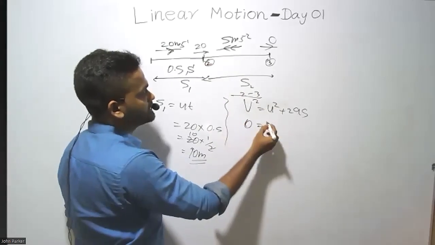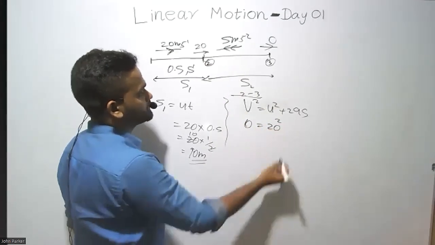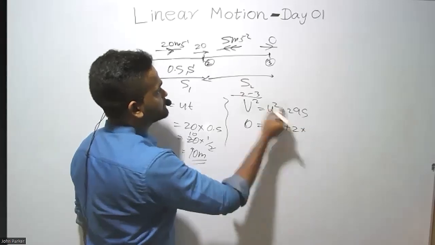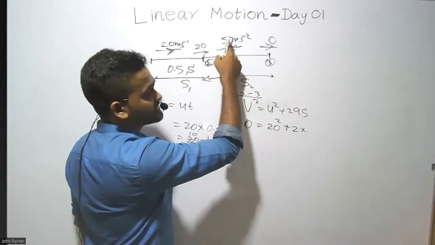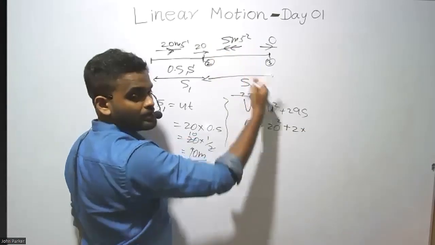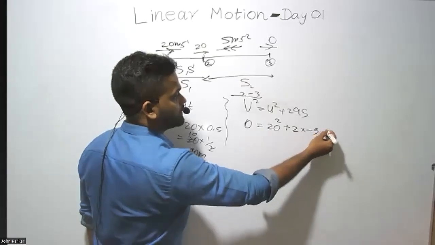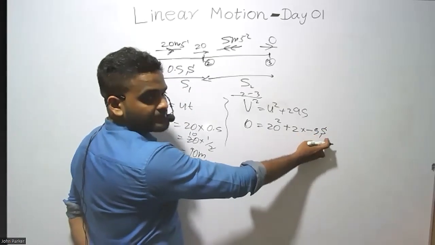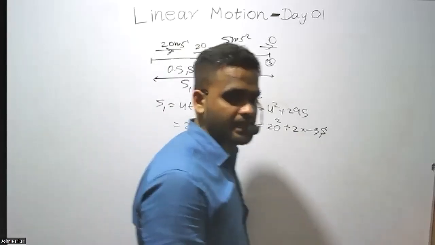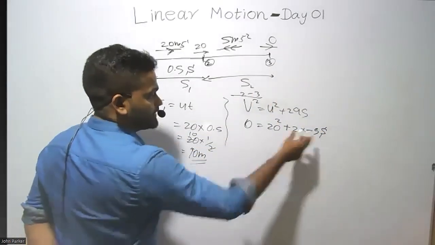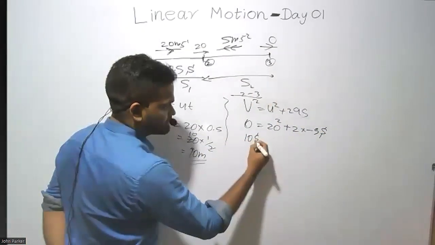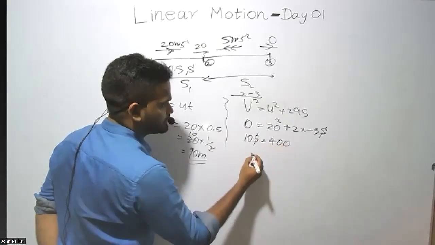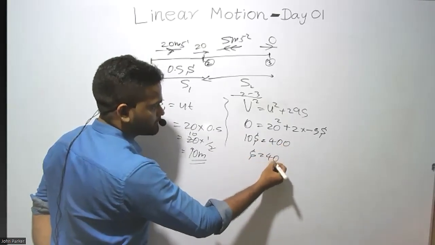Initial velocity 20 squared plus 2 times, this is a deceleration, so you have to substitute a negative value, times s. So this is minus 10s. Take it to the other side, it becomes 10s equals 400. Then s is equal to 40.